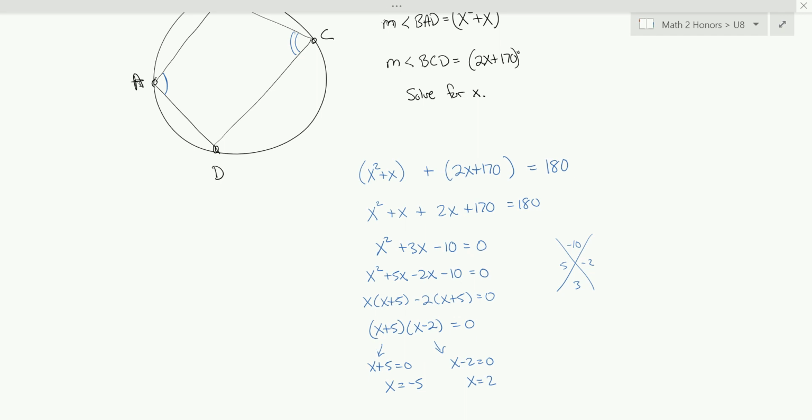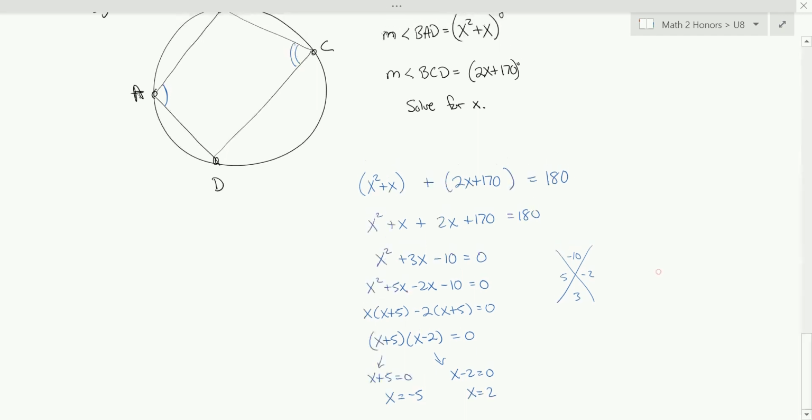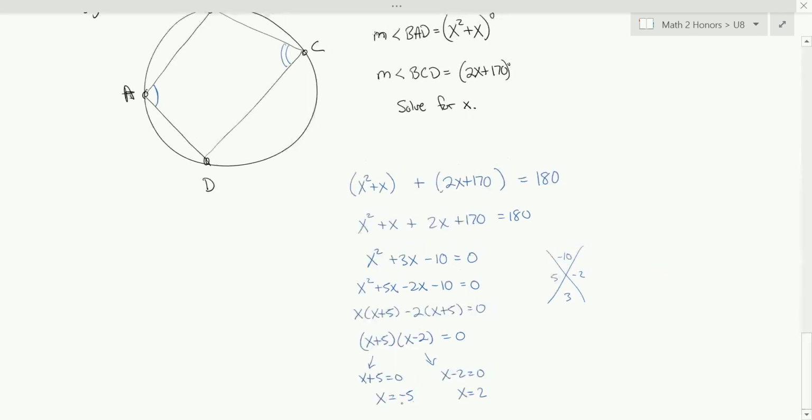You can't have a negative side length. So the question is, if I were to plug a negative 5 back into one of those expressions for the angle, would it make it a negative angle or something that wouldn't make sense? No, it'd work out. It'd still get a positive angle. So we can actually keep both of them in this case. Okay? So two possible answers that would make this scenario work.